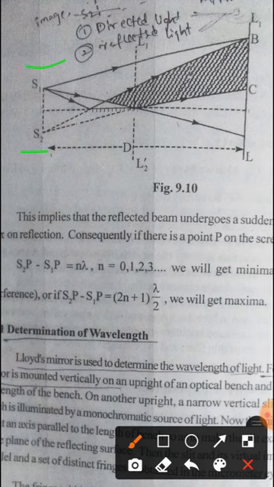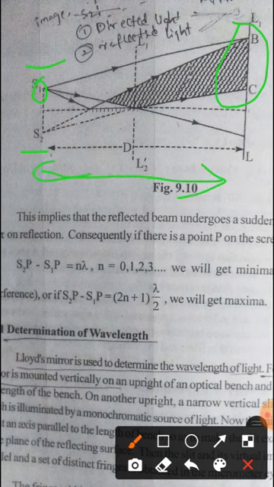The slits S1 and S2 act as two coherent sources. The light directly coming from the slit S1 interferes with the light reflected from the mirror, forming an interference pattern in the region BC, on the screen placed at a distance D from S1, as can be seen from the figure.